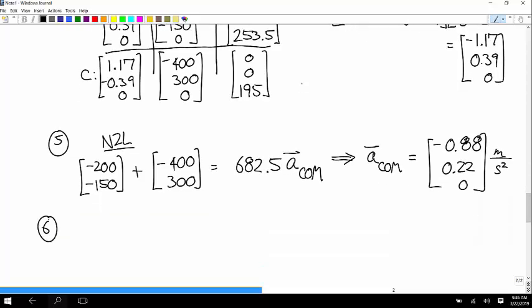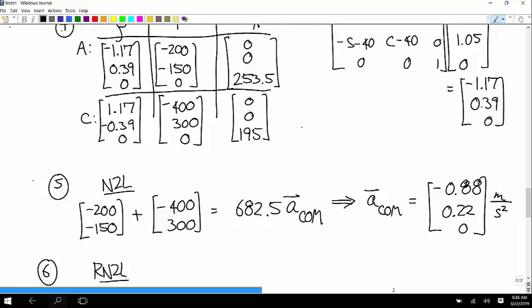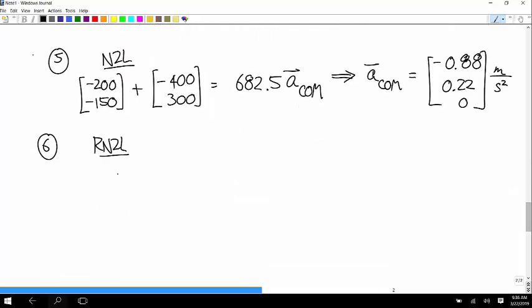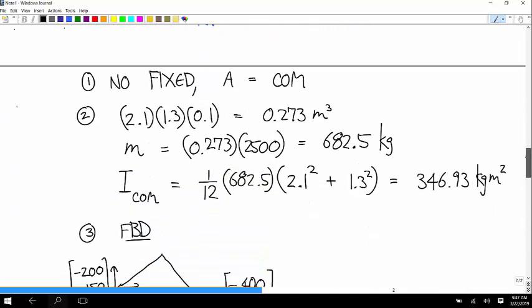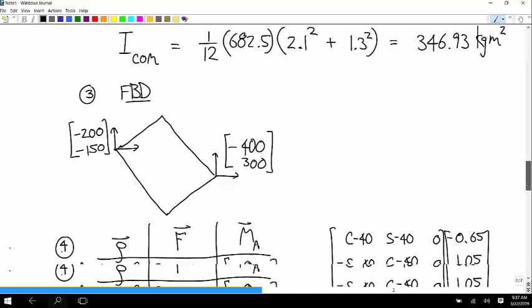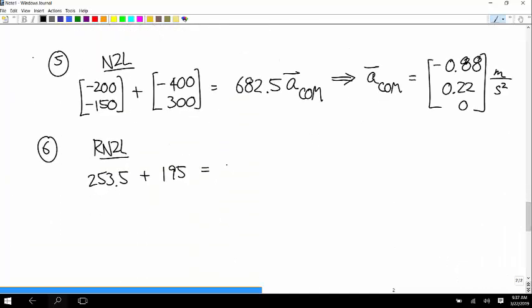And now the moment equation: 253.5 plus 195 is equal to the mass moment of inertia about the center of mass, 346.93, times the angular acceleration.